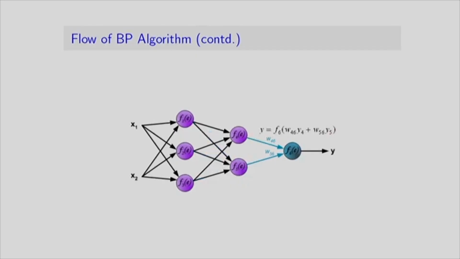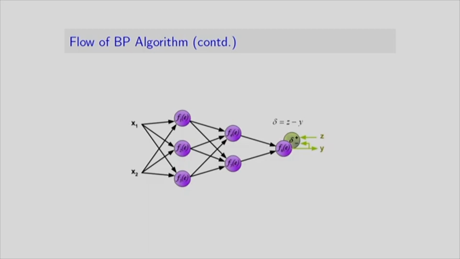After this we come to the last node, the output node, and we determine the activation, that is the output y equal to f6, the activation f6, of w46 into y4 plus w56 into y5, to get the activation at the output node.